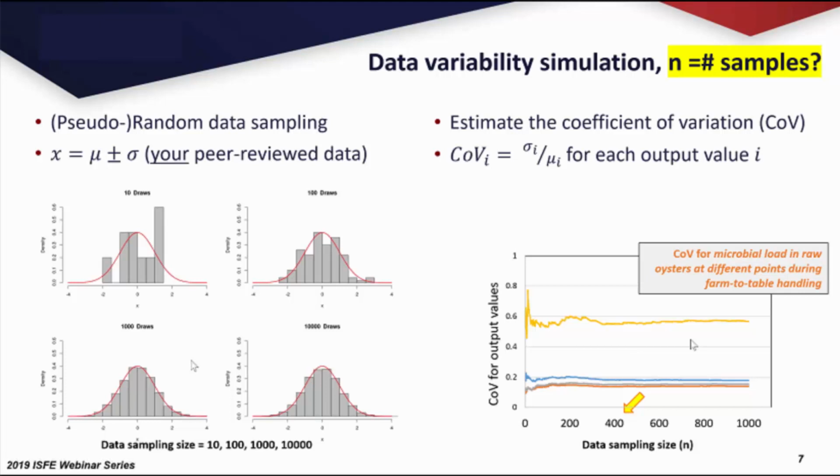In this case, I would say 400 to 500 would be enough. We have done this type of coefficient of variation analysis so many times that we now know that 1,000 would be fairly good. We don't need to worry about that. So 1,000 would be a recipe if you don't want to do this analysis.